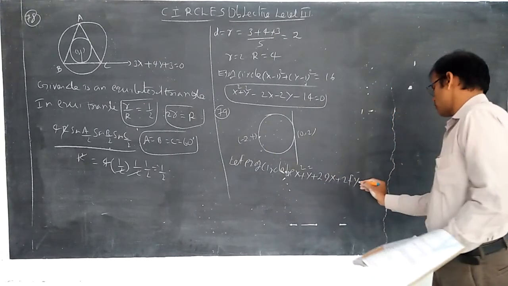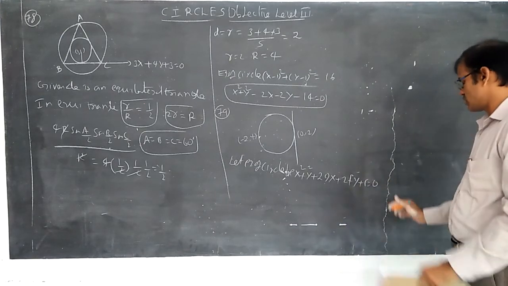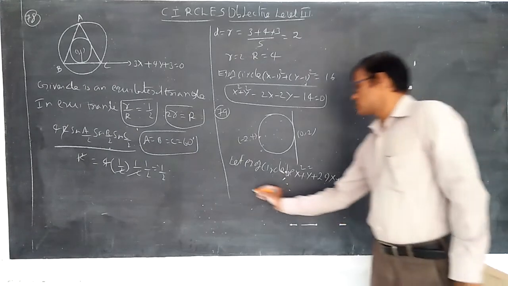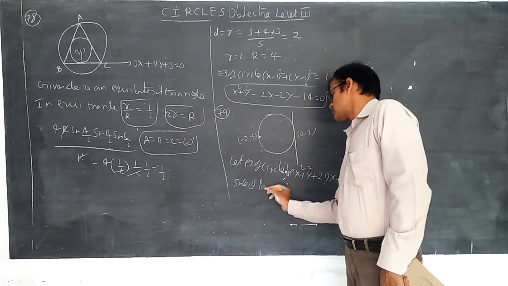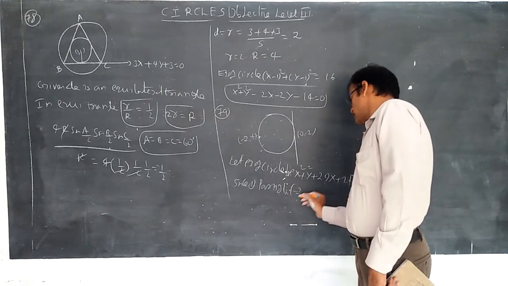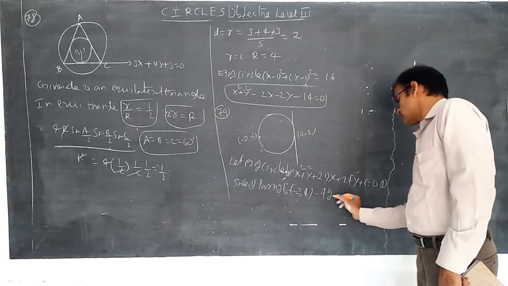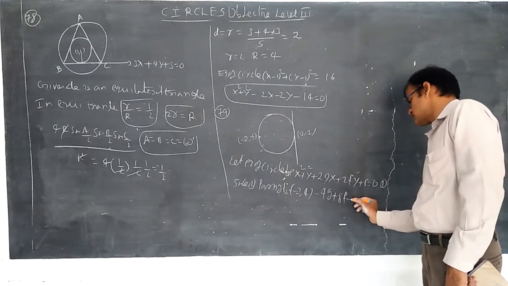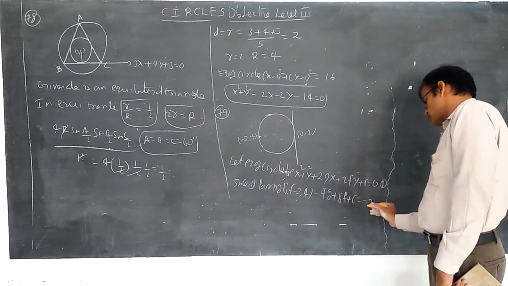Since it is passing through the point -2, 4, you can write here -4g plus 8f plus c is equal to -20.